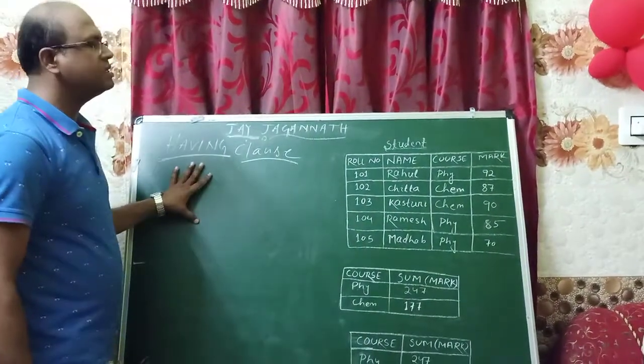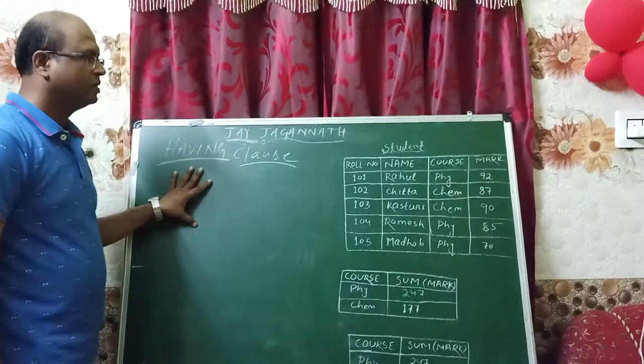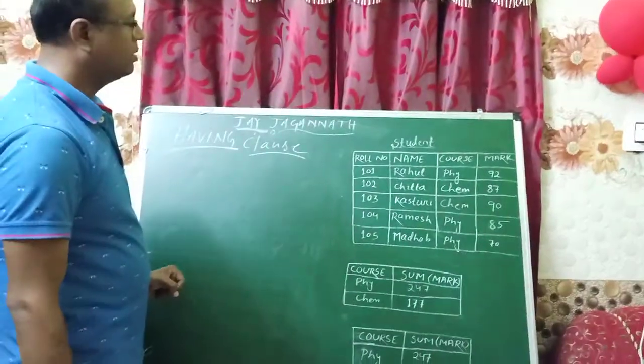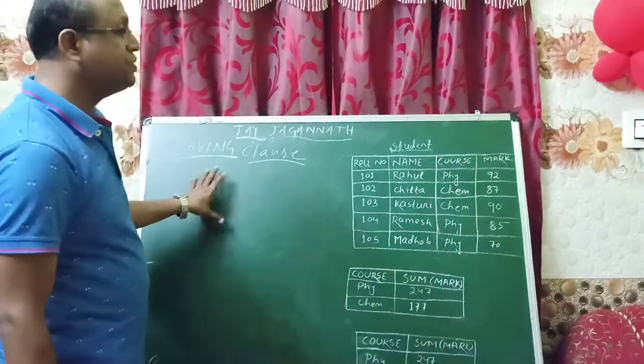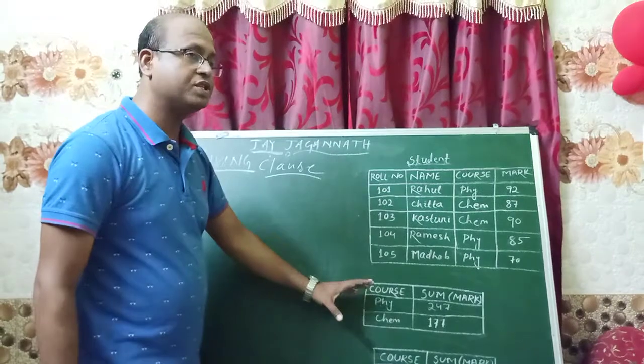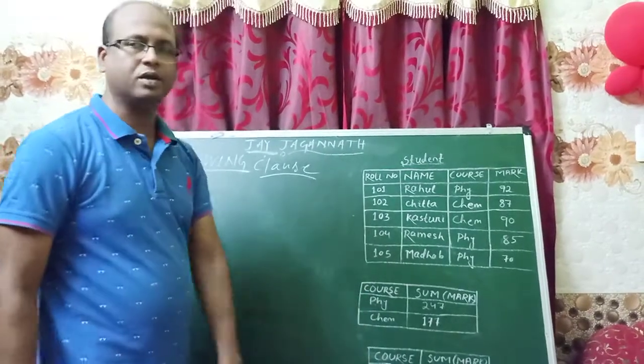But having clause is used to implement the condition at the time of retrieving the values on a group. Having clause is used with group by clause.